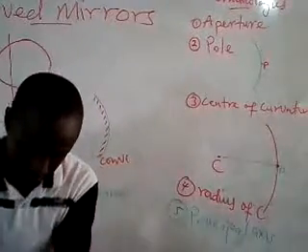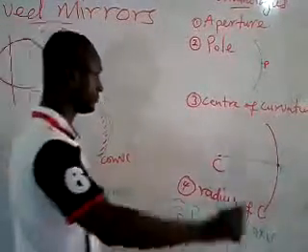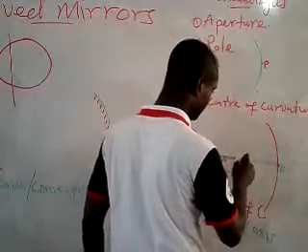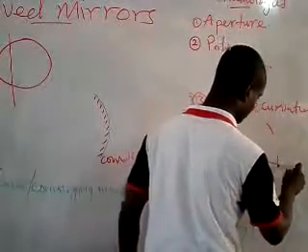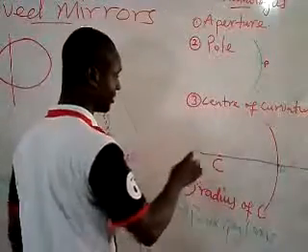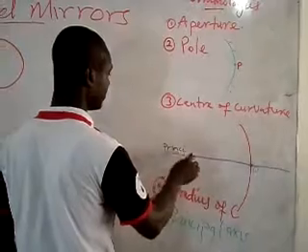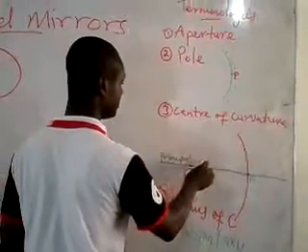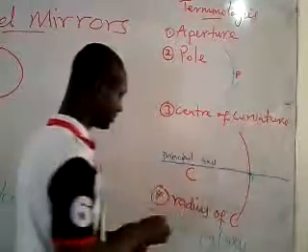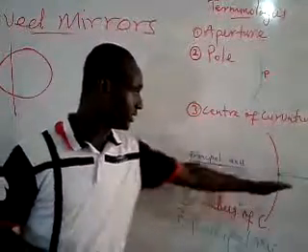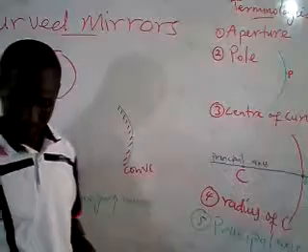So if I draw a line through the center of curvature and the pole, a very long line, then we call this line principal axis. A line drawn through the center of curvature and the pole of the mirror.